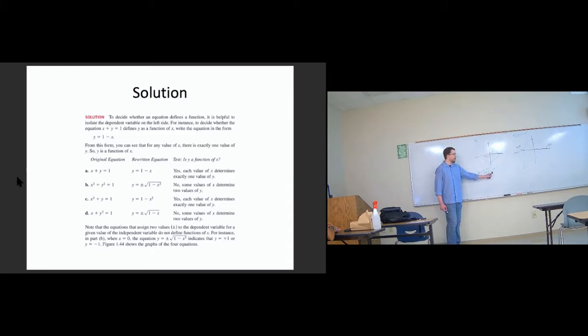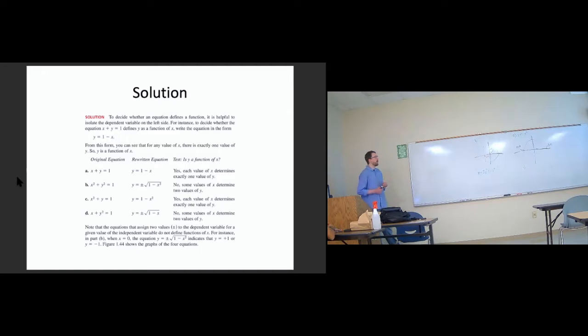Let's say we put in 1/2. Then we're going to take the square root of 3/4. But we're going to get two different answers, because the square root of 3/4 is the square root of 3 over 2, but we have to tack on this plus or minus. So we get either a positive answer or a negative. So one x value is going to give out two different possible answers. Does that make sense what I mean?